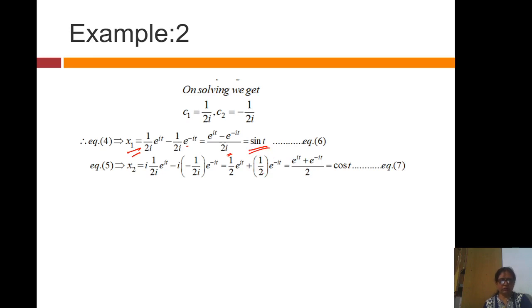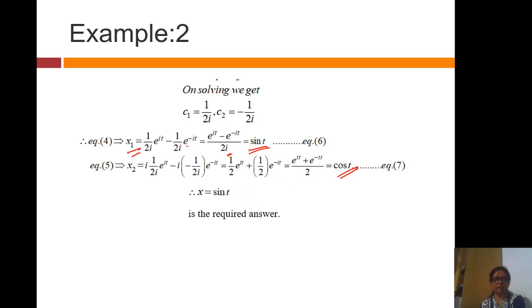Similarly, for x2, if we take 1 by 2 outside, then e to the power it plus e to the power minus it is the numerator term, and this gives the value of cos t. And if we tally the answer here, x equal to x1 is sin t and its derivative is cos t. That means our answer is correct, therefore x equal to sin t is the required answer.